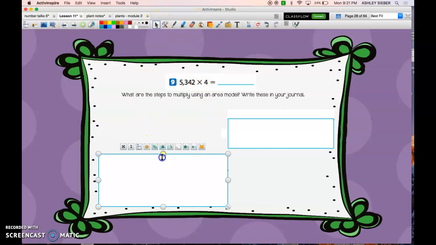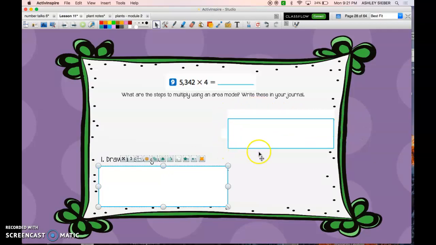The first step was to draw a rectangle. In your journal, write step 1, draw a rectangle. When we're multiplying by a 1-digit number, we make it kind of long and skinny.